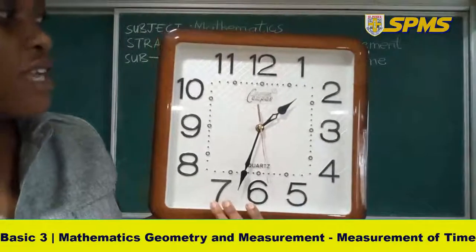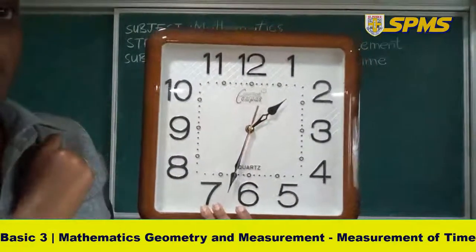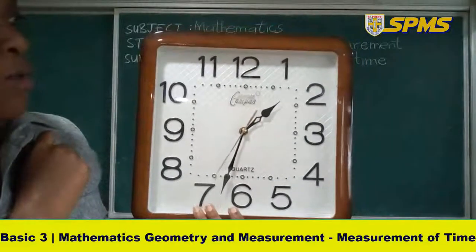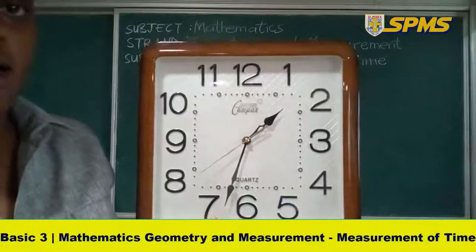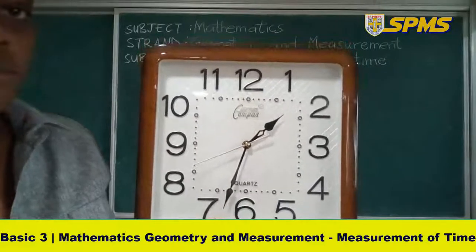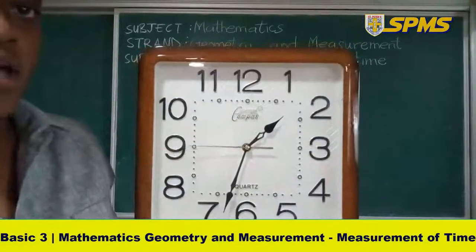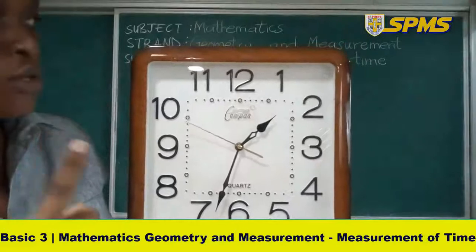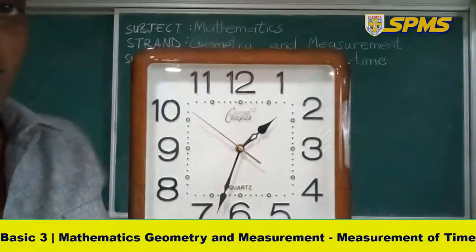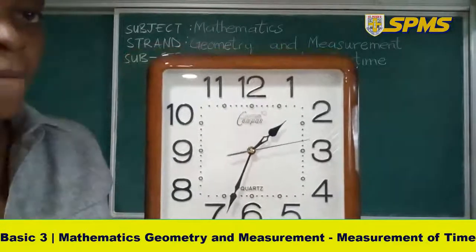Now children, let us look at the hour hand. Now, the hour hand gives us the hour when telling the time. From 12 to 1, we have 1 hour. So each interval gives us 1 hour.